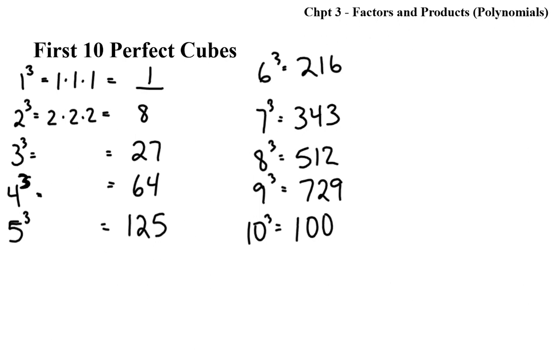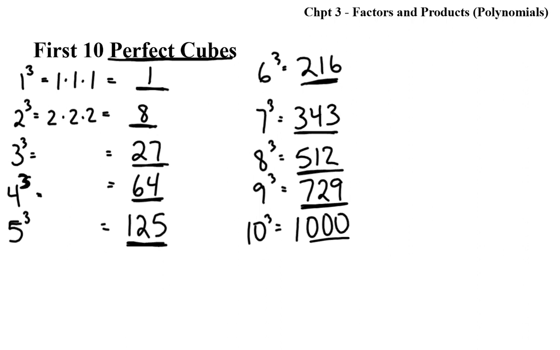And 10 cubed is 1,000. So what are the first 10 perfect cubes? 1, 8, 27, 64, 125, 216, 343, 512, 729, and 1,000, because all of these values are cube rootable.